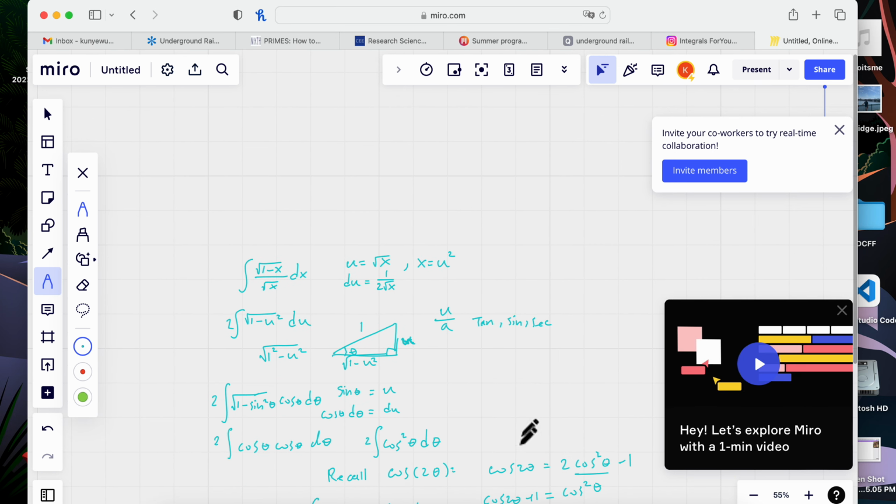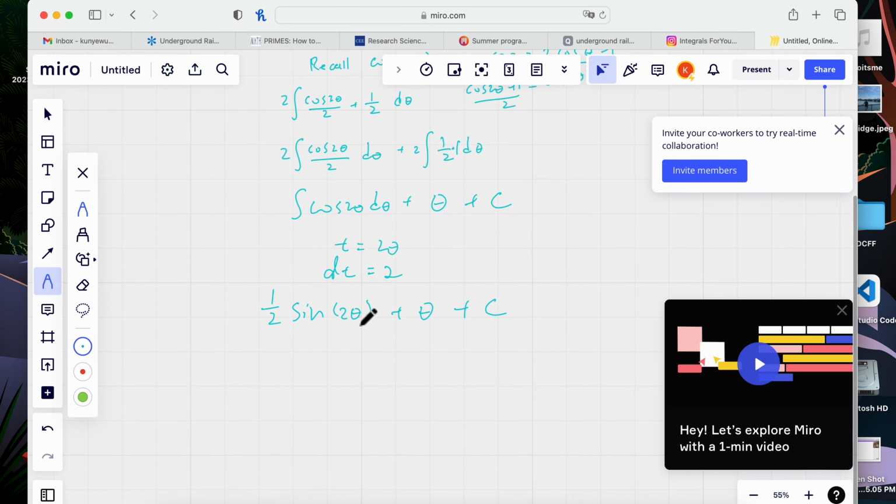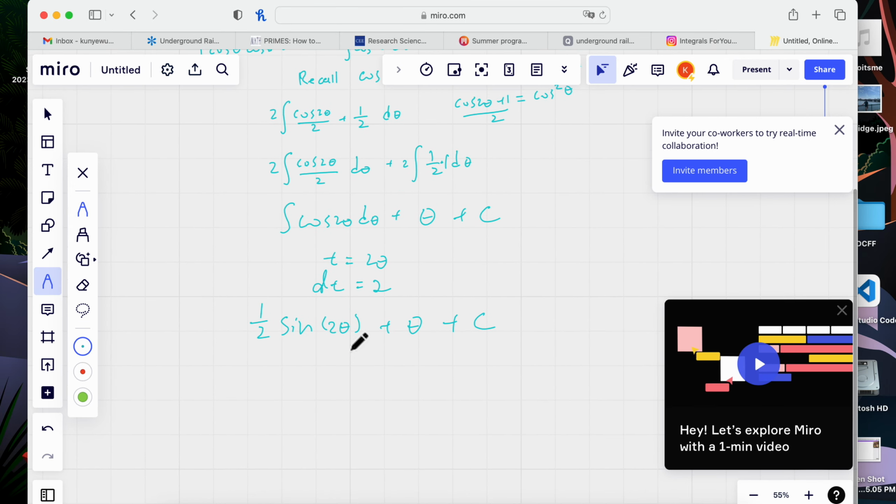We're not quite done, because everything right now is in terms of theta. What we actually want is to get everything back to x. So first, we need to solve everything in terms of theta. We're going to plug theta back for u, and then we're going to plug x back for u. So 1/2 sine 2 theta is 2 times 1/2 sine theta cosine theta.